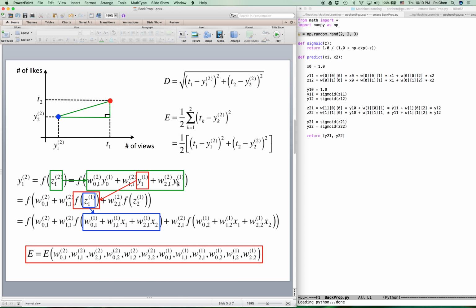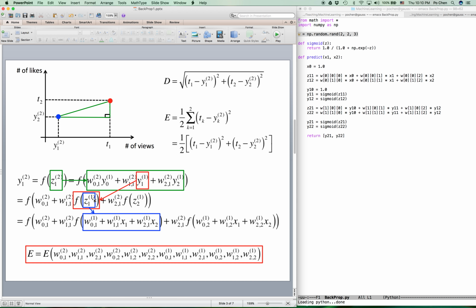You can do the same thing for Y12, because Y12 was obtained by applying the sigmoid function on Z12, right? The same process here. And f is the sigmoid function.